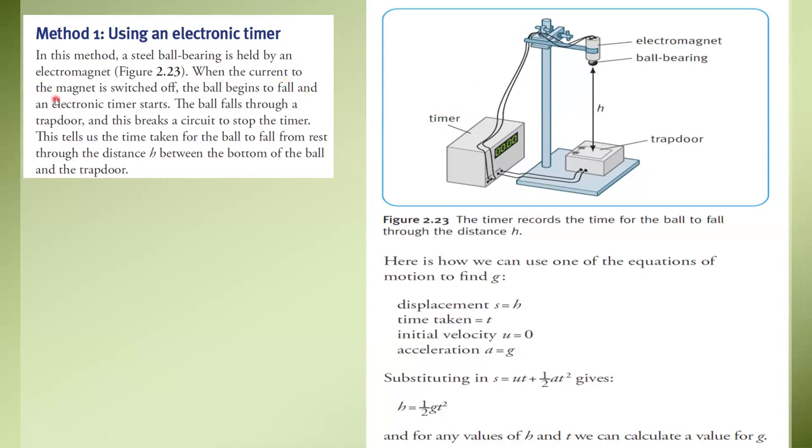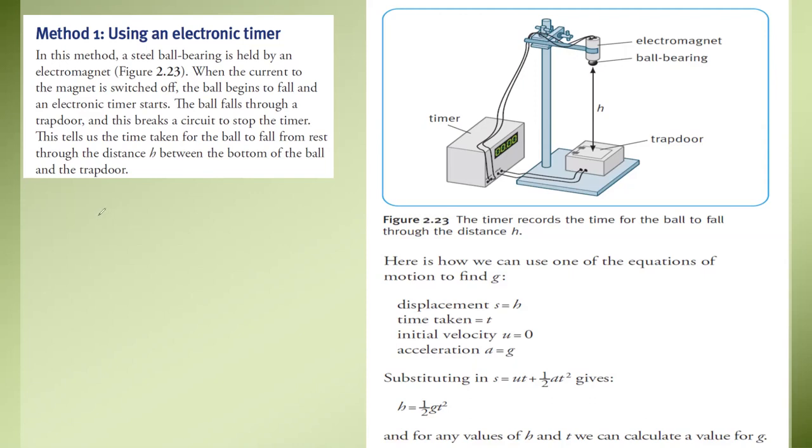When we cut off the current, the magnet is switched off, the ball begins to fall and the electronic timer starts. As the ball falls through this trap door, it breaks the circuit and the timer stops. That is the time taken by the ball to fall this height. So we measure this height by using a meter rule, and the time is already there in the timer.